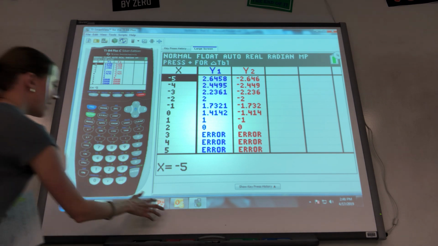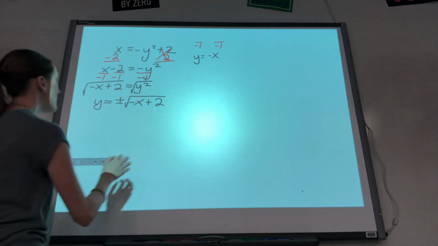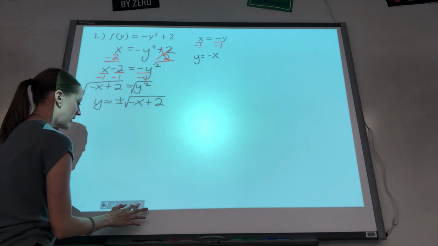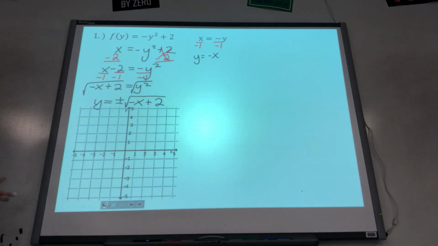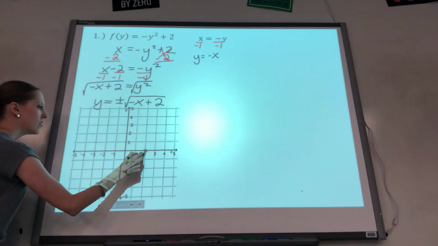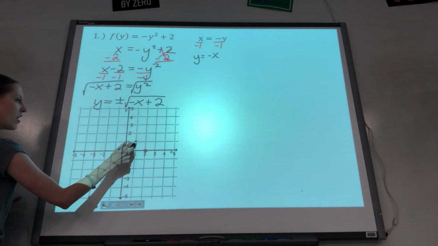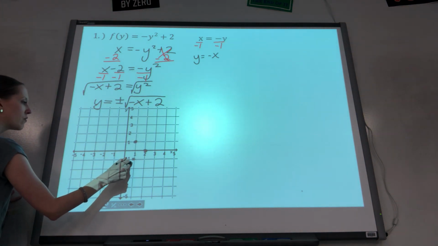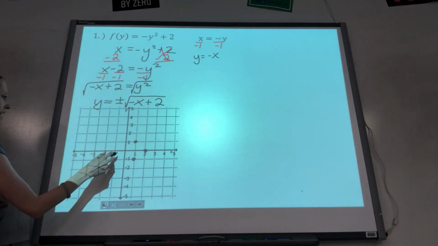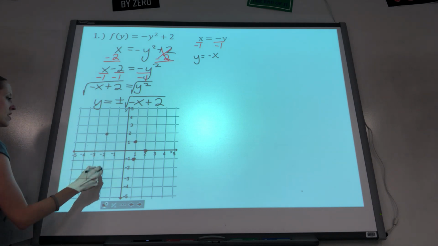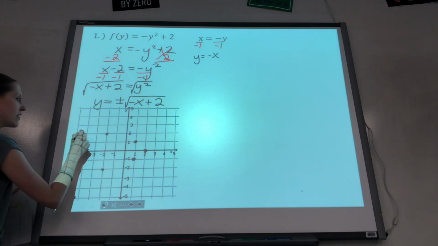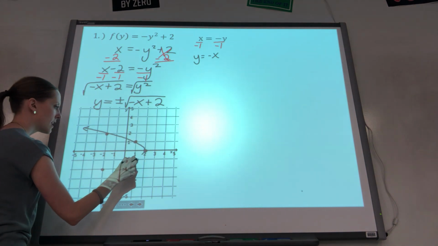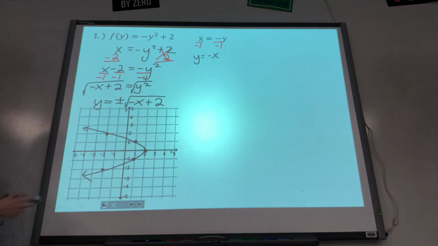So let me go ahead and put those on here. Okay, (2, 0), (1, 1), (1, -1), and then (-2, 2), (-2, -2). It's almost kind of like a parabola on its side.